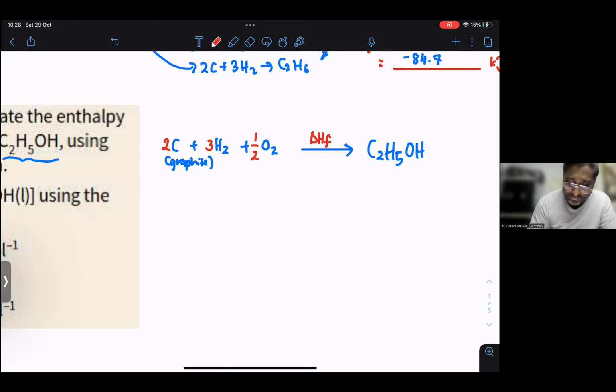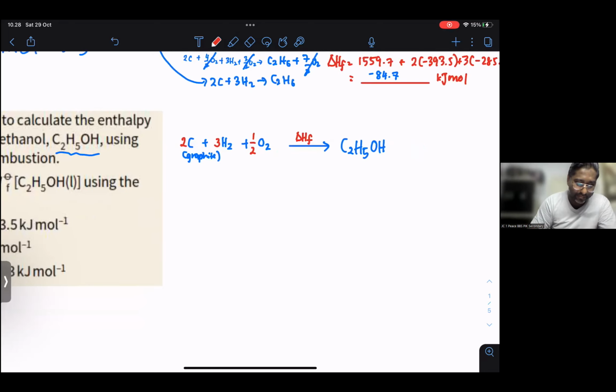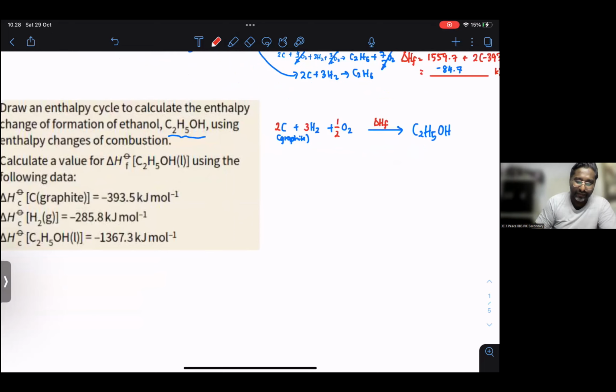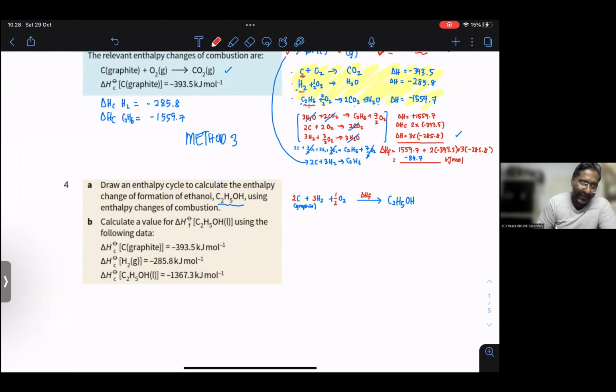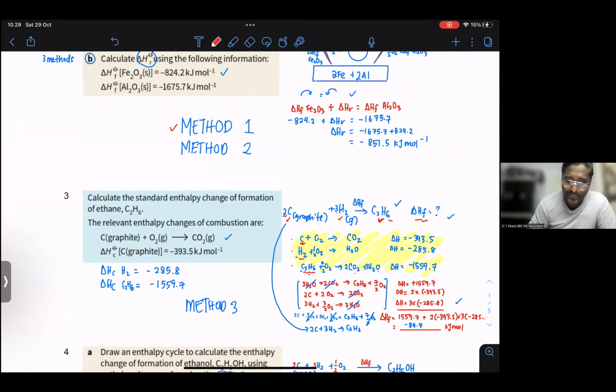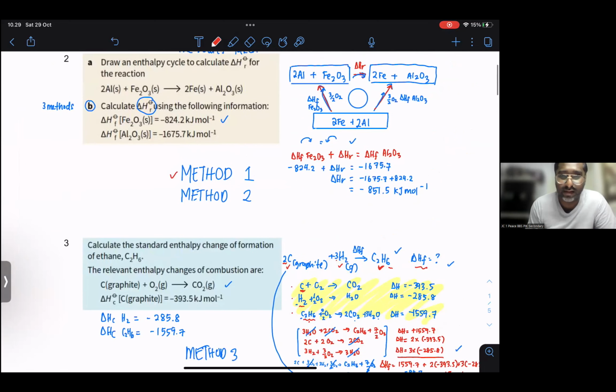Once you have this, they are asking us to use the combustion data. Do remember the best way to solve this is by rearranging the equations. In this case they are asking us to draw an enthalpy cycle to calculate the enthalpy of formation using the enthalpy change of combustion, so it means they are asking us to use method number one, which is to draw this cycle.